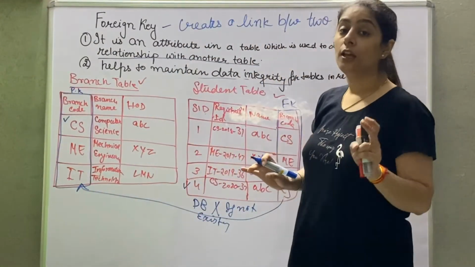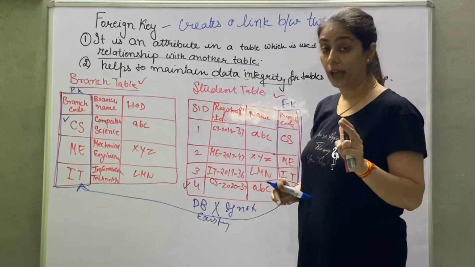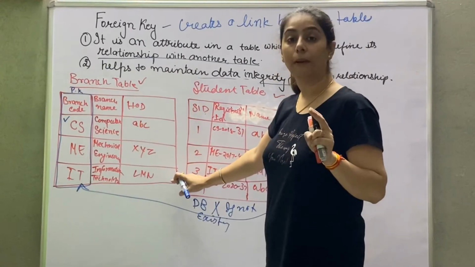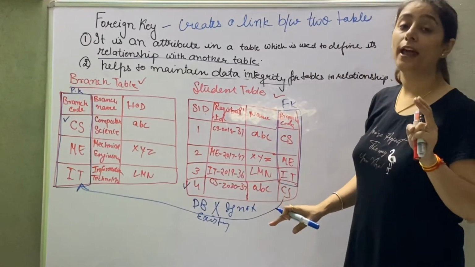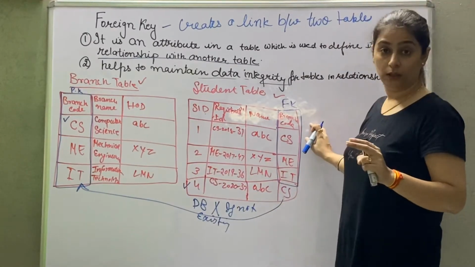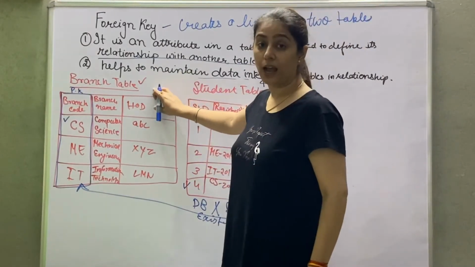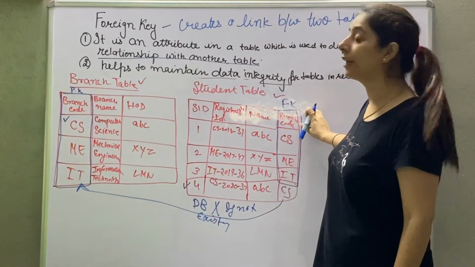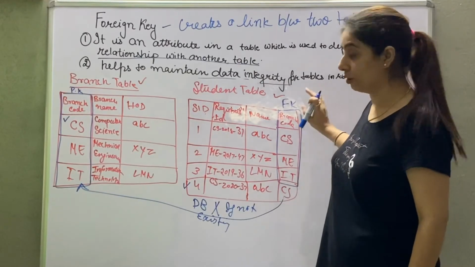See, you can insert the data here in the parent table, but you cannot insert directly to the student table. If you are updating this branch parent table, then you have to update the child table also.